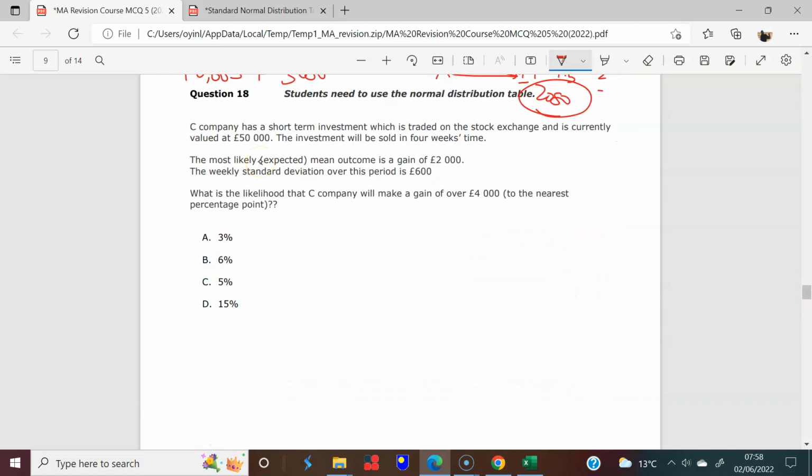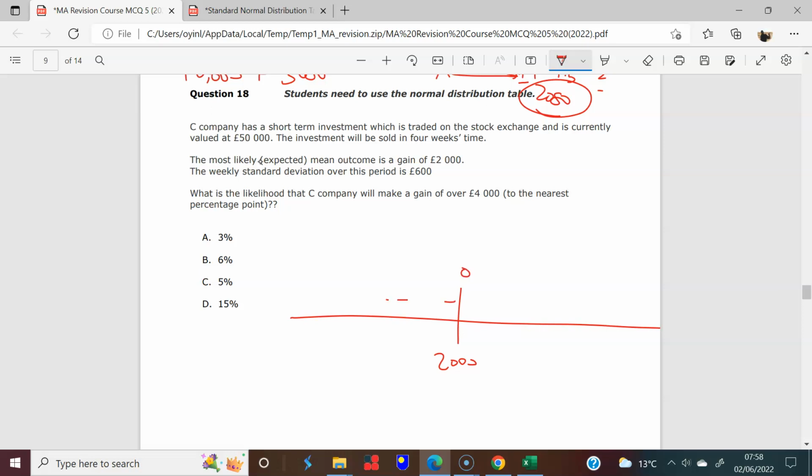Finally, it says here that we're doing exactly the same thing. We have a short-term investment which is traded on the stock exchange. The investment will be sold in 4 weeks. Not a problem. It says that the most likely outcome is £2,000. So £2,000 is my most likely income. It's sort of my mean, with a z-score of 0.